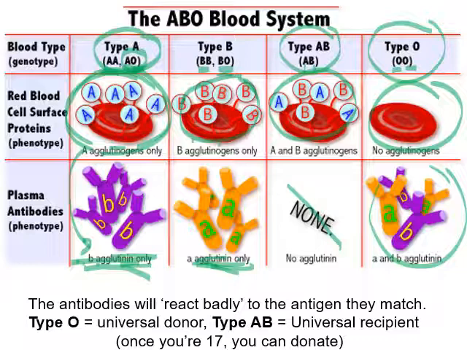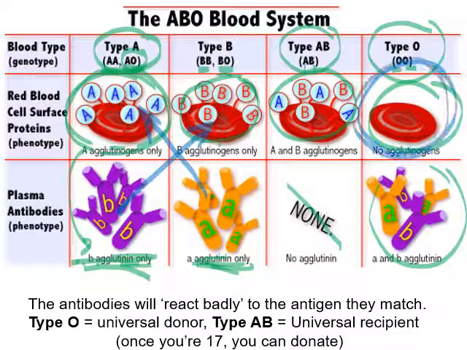Now, this is important for donating blood because type A antibodies are not good if you mix them with type A blood. Type B would also not be good if they were mixed with type B blood. So if you are type O blood, then your blood cells don't have any little proteins on them.